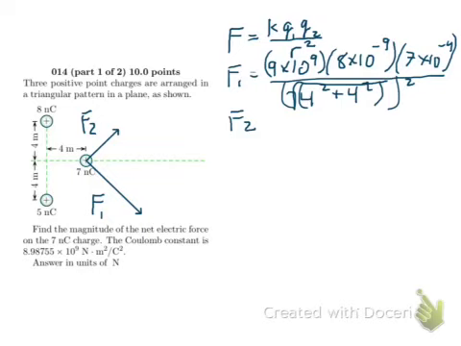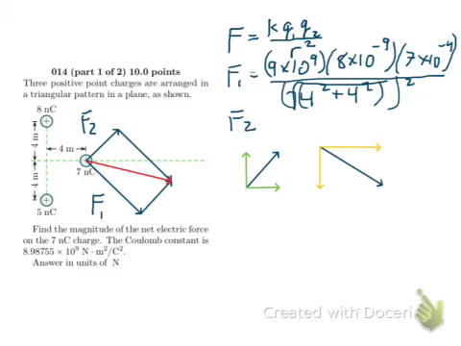Well, now I've got these two forces, and I'm going to have to add them together, and you can see that the vectors are going to add to something that's a little bit down and to the right, because for me the 8 nanocoulomb is pushing a little more than the 5 nanocoulomb. So in this case, typically what I would do is take each vector force, split it into its components by using sine theta and cosine theta. In this case I have a 45 degree, so it would be sine 45 and cosine 45 times the magnitude of F2.